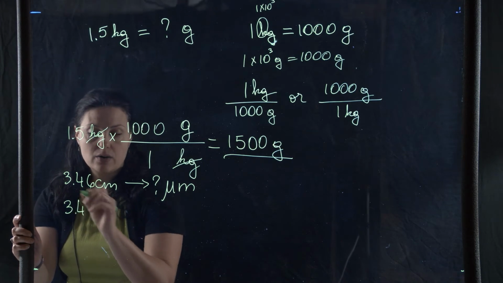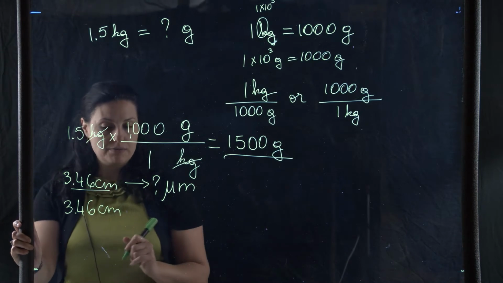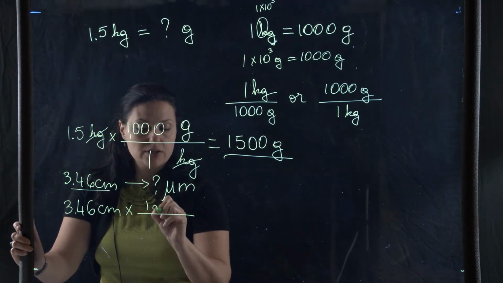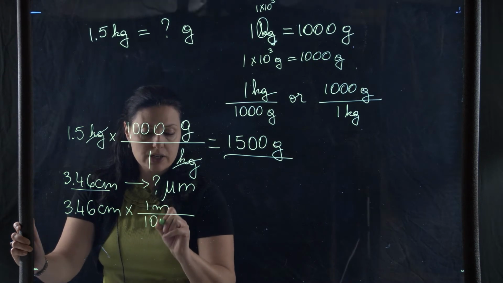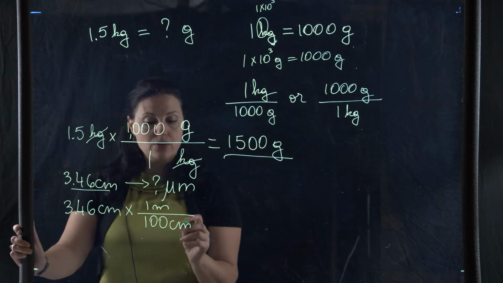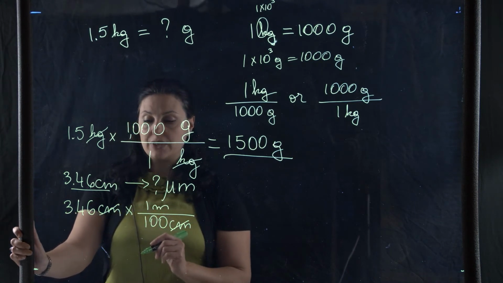3.46, so always start with the amount you're given, 3.46 centimeters. To convert that to meters, I know that 1 meter has 100 centimeters. I wrote it in this way so that my centimeters will cancel, leaving me with the unit of meters.